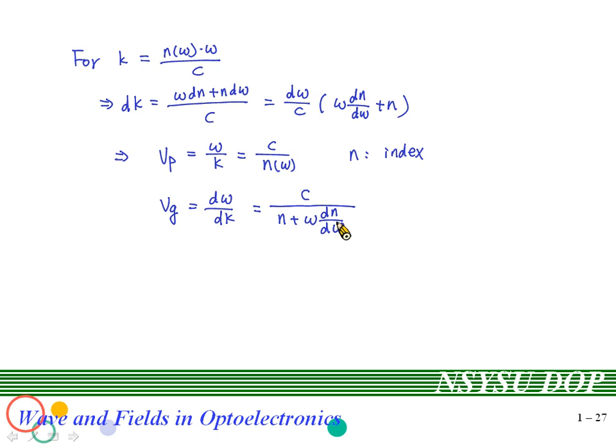And we can also re-express the group velocity in terms of wavelength like this: c over n minus lambda times dn over d lambda. So if you know the relationship of the index with omega or with lambda, then you can obtain the group velocity from these equations.